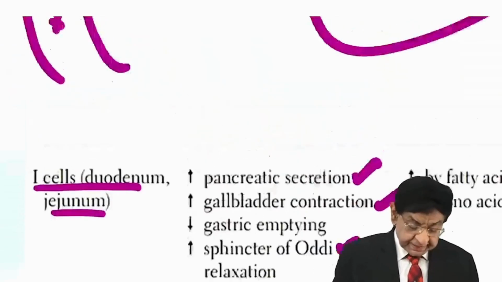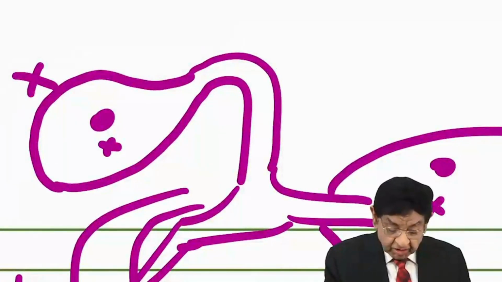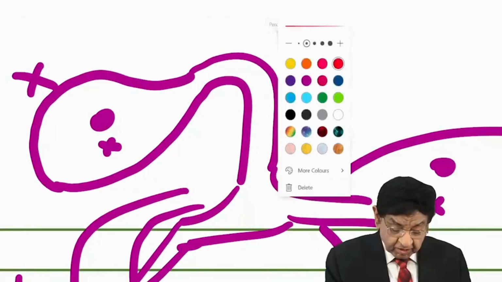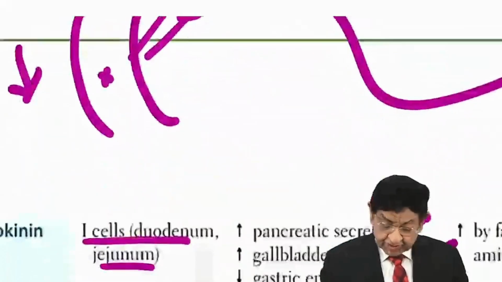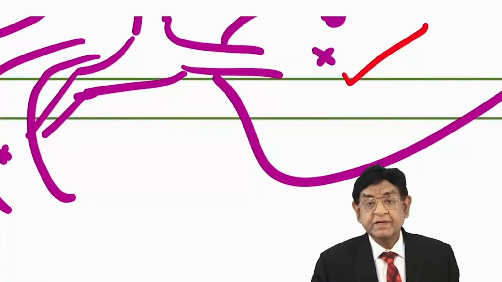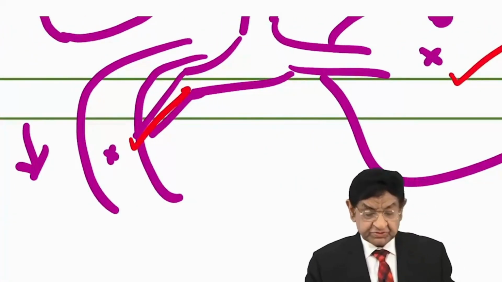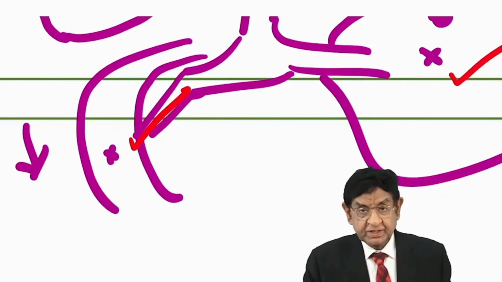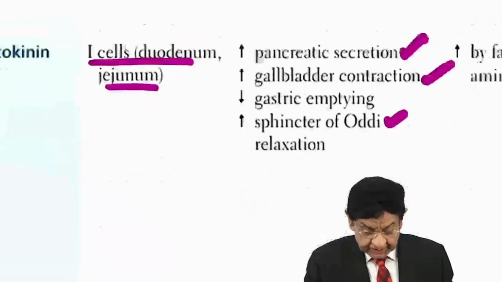So by and large, it has all the reverse actions. Again, the same diagram. It is going to cause increased gallbladder contraction. It is causing increased pancreatic secretion, and it is going to cause relaxation of the sphincter of Oddi. Almost the reverse action of somatostatin.